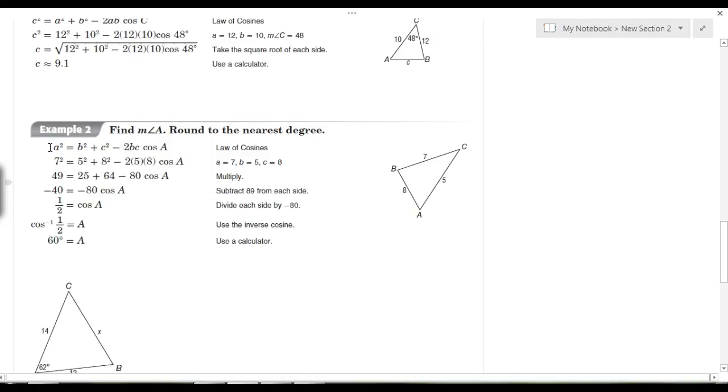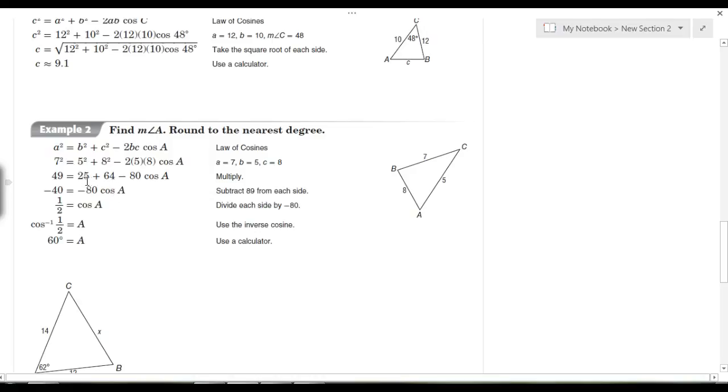So we get A squared equals B squared plus C squared minus 2BC cosine of A. We plug in our values. So we get 7 squared equals 5 squared plus 8 squared minus 2 times 5 times 8 times the cosine of A. And then just to simplify our work, we're going to go ahead and multiply out those numbers.